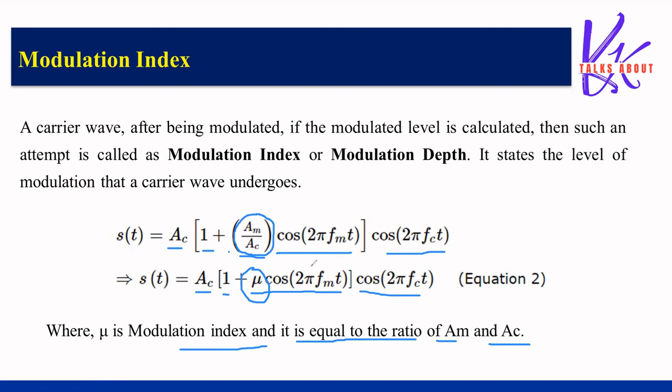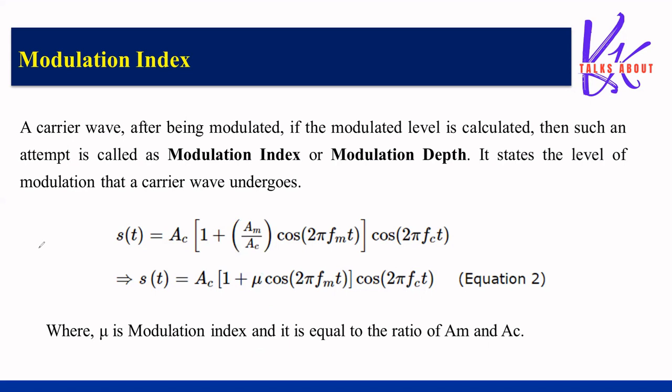When you calculate the ratio of voltages, that is the amplitude of the message signal to the amplitude of your carrier, that gives the modulation index. So let us see what the impact of your modulation index is when the modulation index is less than 1, equal to 1, or greater than 1.